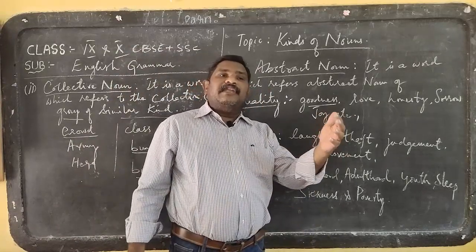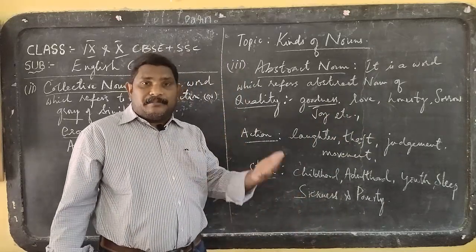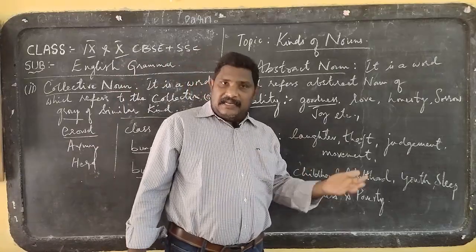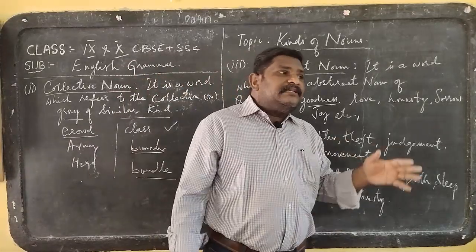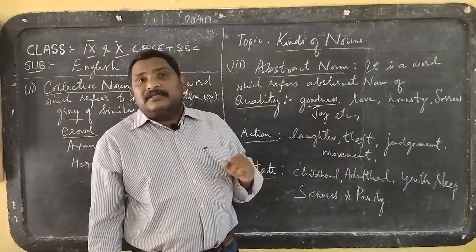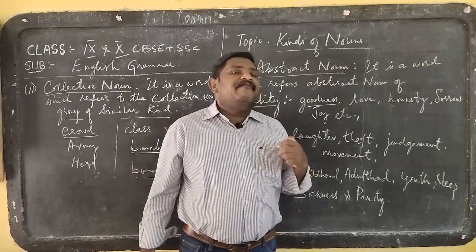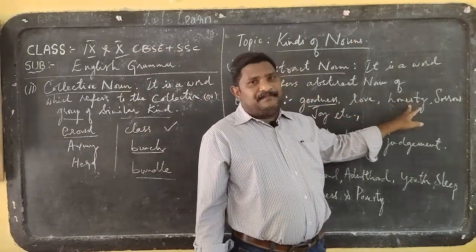Somebody is very reputed for his goodness, because he is a kind, charitable person who helps mankind. Can we see goodness? Where can we touch goodness? No. Goodness can be felt.